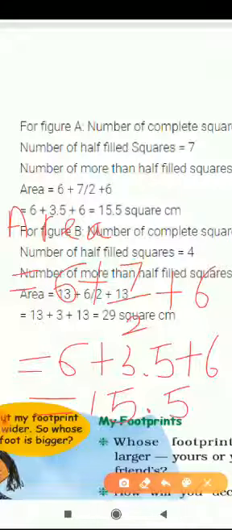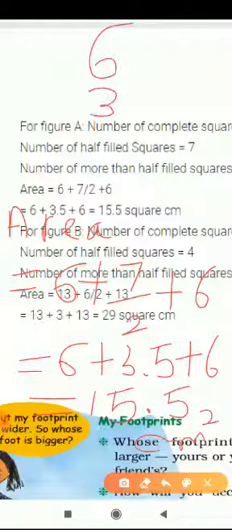That is the area of this hand tracing A. I am writing over here centimeter square, otherwise you can write square centimeter also. Now how can you add these numbers? You know how you can add these numbers? 6, then this 3.5, like this, and this 6.